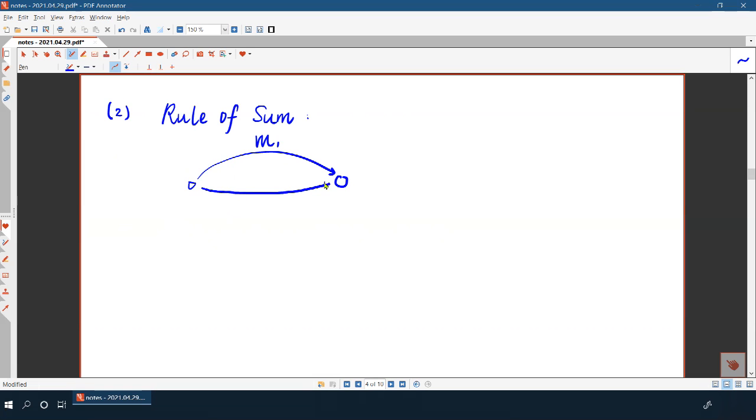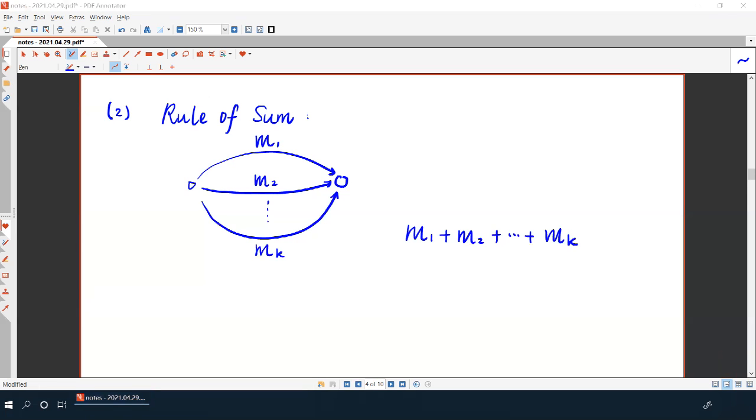For the second type, we have M2 sub-methods to finish. And for the k-th type of methods, we have Mk different sub-methods. And then the total number of methods to complete the task is to add all these numbers together. Okay, any questions?